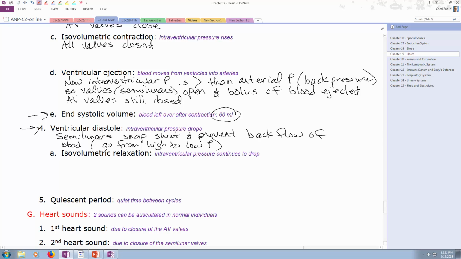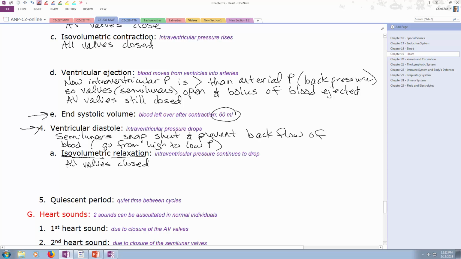The semilunars are now shut, and our AV valves are still shut because we go through a very short but real time of isovolumetric relaxation. So all valves are closed here. This is not a very long time frame, but it does happen for a minuscule of a second. We have all valves closed as the ventricles are further going into their rapid pressure drop of diastole.